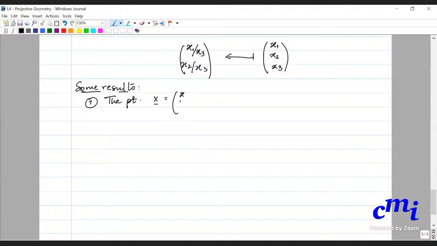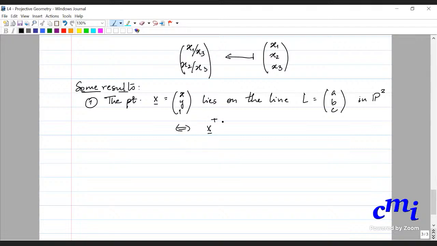So the point (x, y, 1) lies on the line L equal to (a, b, c) in P2, which we saw earlier, if and only if x transpose L is 0.